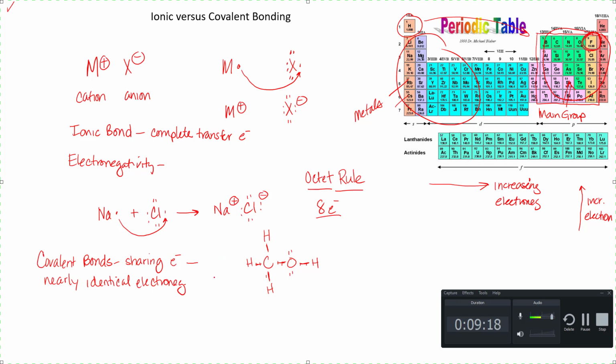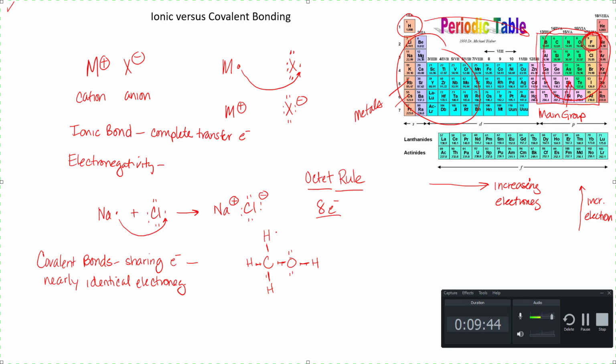Now also remember from general chemistry that this sharing doesn't have to be perfect. It doesn't have to be a perfect sharing of the electron density between the elements. That will depend on the electronegativity difference between the carbon and the other elements.